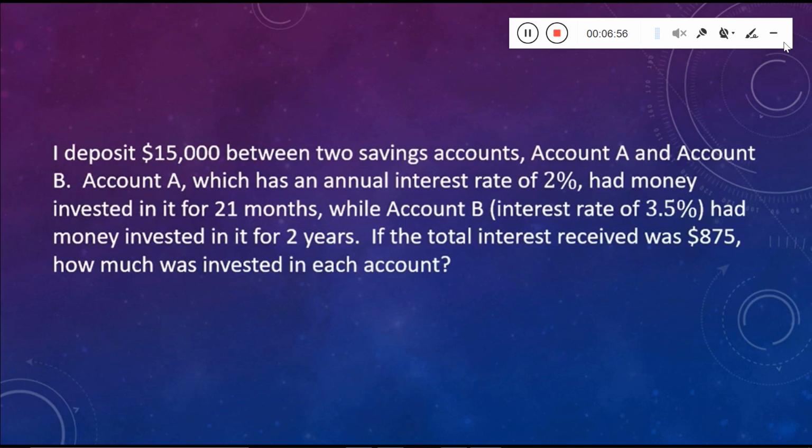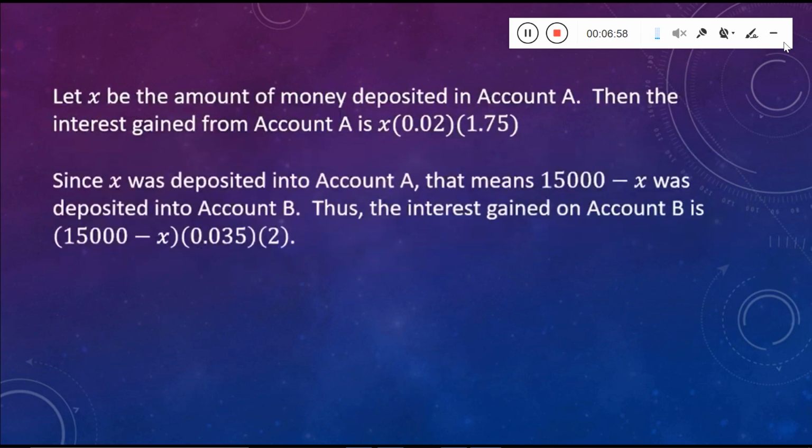And then I invested that money in that account for 2 years. So the interest I gained on account B is 15,000 minus X, that's my P-value, times R as a decimal, 0.035, times my time, 2.